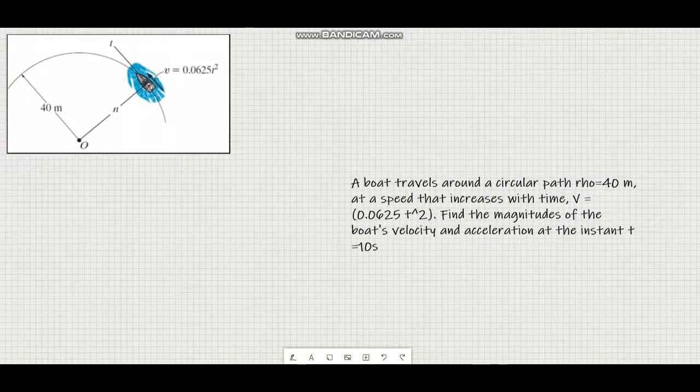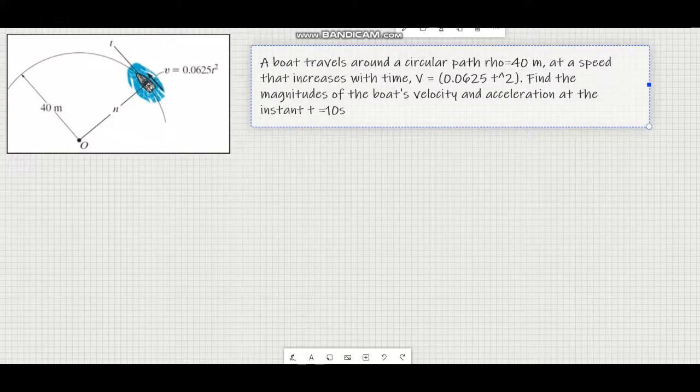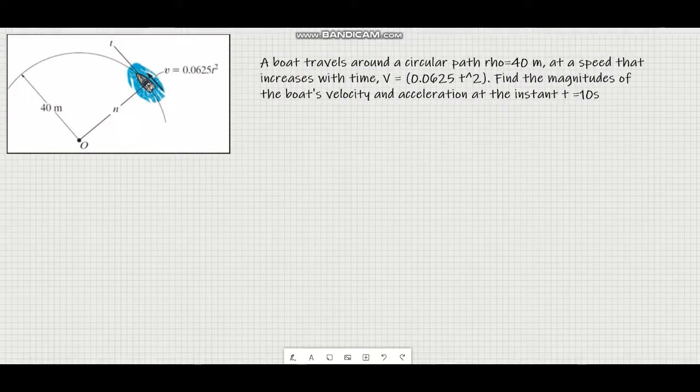Alright. So, as our subject is curvilinear motion, and velocity is given as a function of time, which is v equals 0.0625 t square, we are going to find the magnitude of both velocity and acceleration.